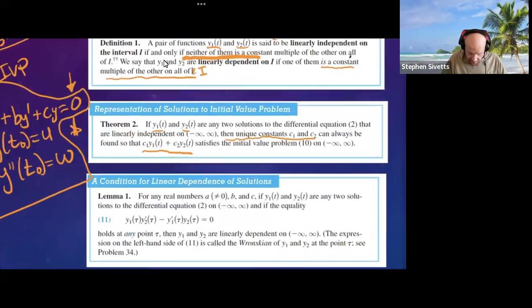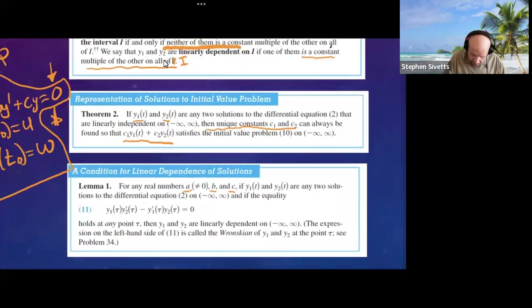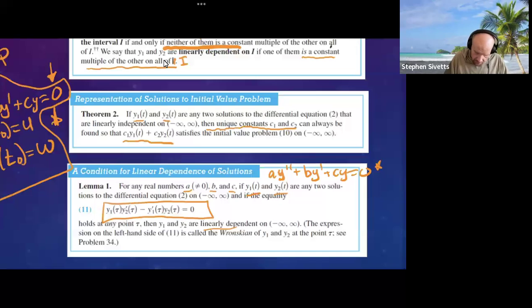So here's the Wronskian. For any real numbers a, b and c in the differential equation a times y double prime plus by prime plus cy equals 0, if we have y1 of t and y2 of t as any two solutions to this differential equation, they are linearly dependent if this quantity, y1 of tau times y2 prime of tau minus y1 prime of tau times y2 of tau, equals 0, and it holds for any point tau on the real line.